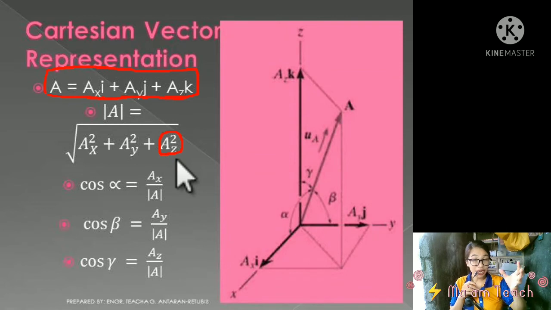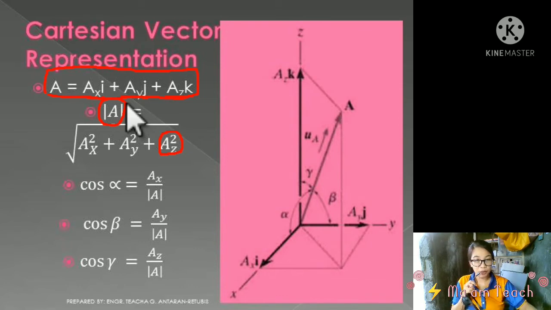So you just add the square of the z component, get the sum, and then get the square root, and you'll be able to get the magnitude. Take note, class, that the magnitude here is symbolized with a bar on it. It is contained in a bar, which represents that it is our magnitude.